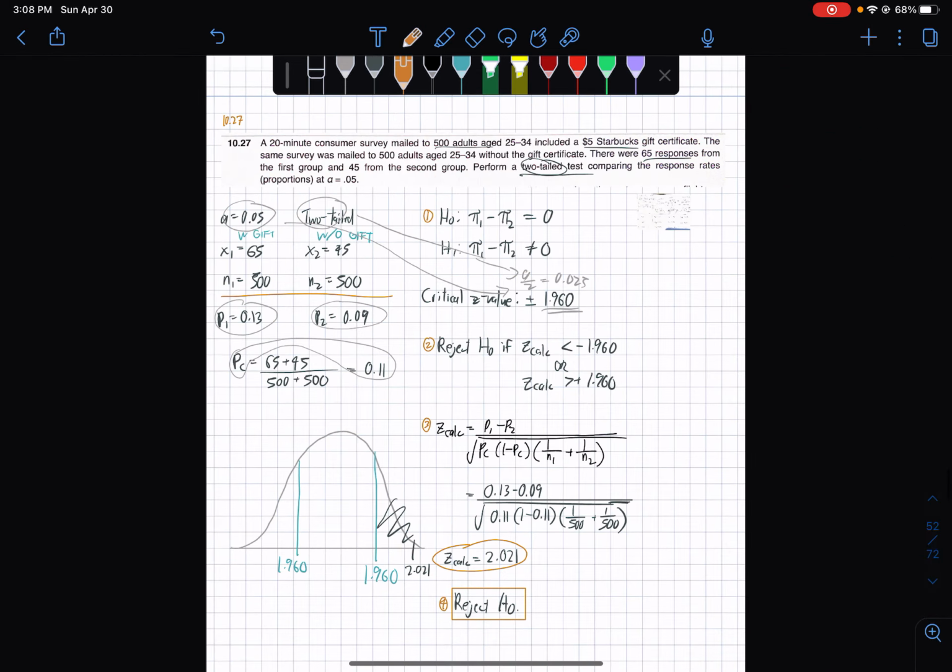Let's see if my answer is the same as the book. So 10.27, reject at 0.05 equal to alpha. This is correct, this is correct, this is correct. Okay, good.